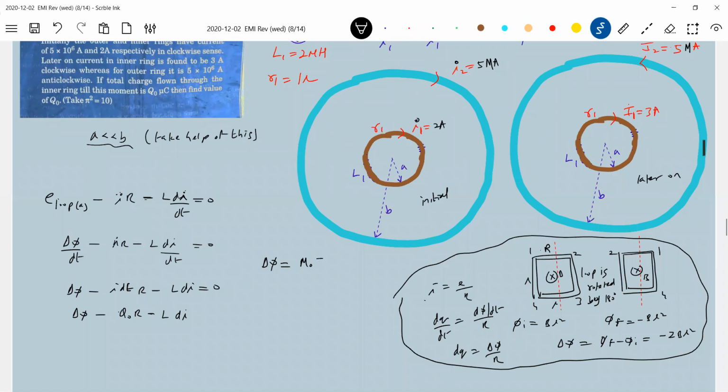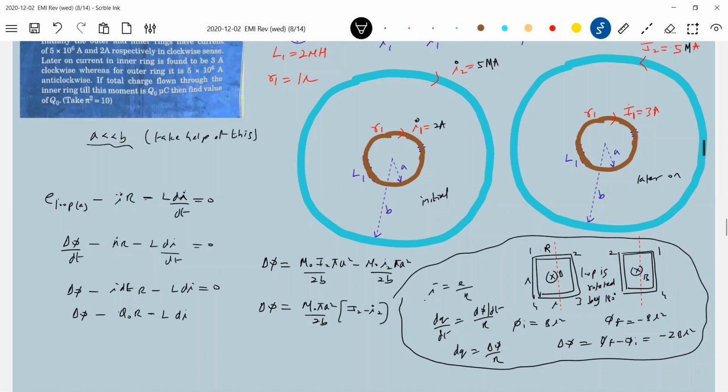Mu naught I2 by 2B into pi a square. I'll substitute here.